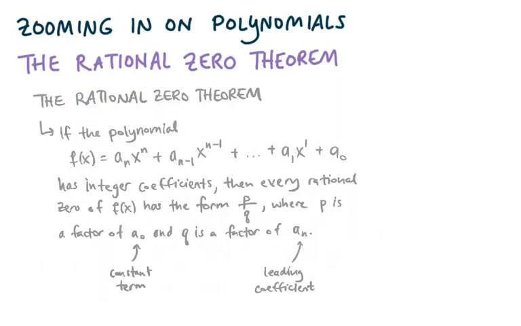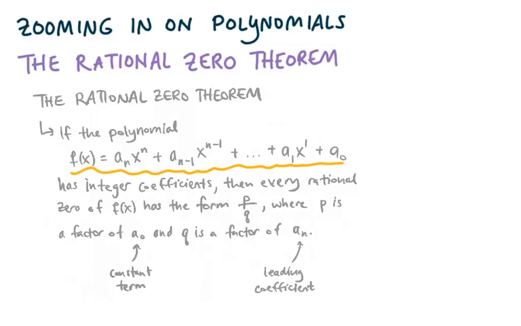So it's a little wordy. The rational zero theorem says if the polynomial looks like this nice situation here, and it has integer coefficients, then every rational zero of the function has the form p over q. And we're going to talk a lot about p over q.